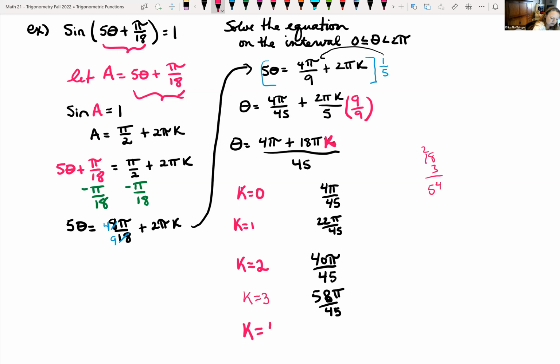So k equals 4. 4 times 18 is 72, so that's 72 pi just for this piece, plus 4 pi, 72 plus 4 is 76 pi, all over 45. K equals 5, that's the one that's going to be too big.